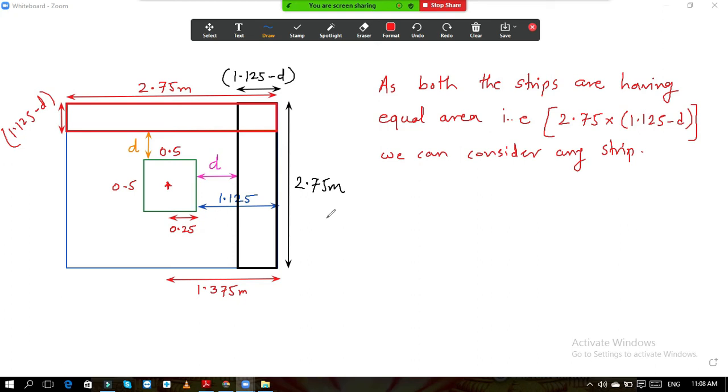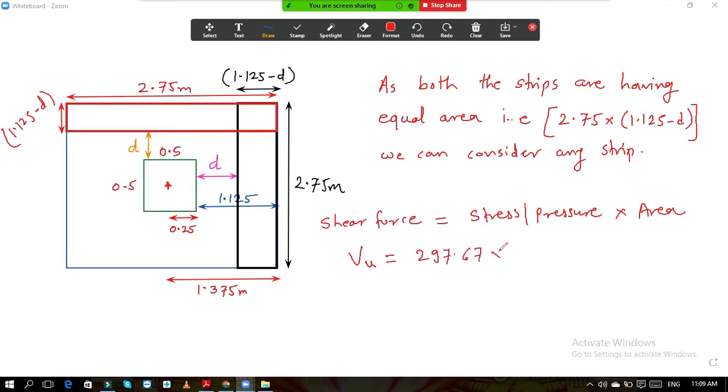So now shear force, how to calculate the shear force now? So shear force is equal to, again our basic formula is the same, soil stress or soil pressure into area. So here your shear force Vu is equal to sigma. Okay, so I will directly write the values now instead of writing the notation. You know the notations now. So the value of sigma that we have calculated, 297.67 into area.